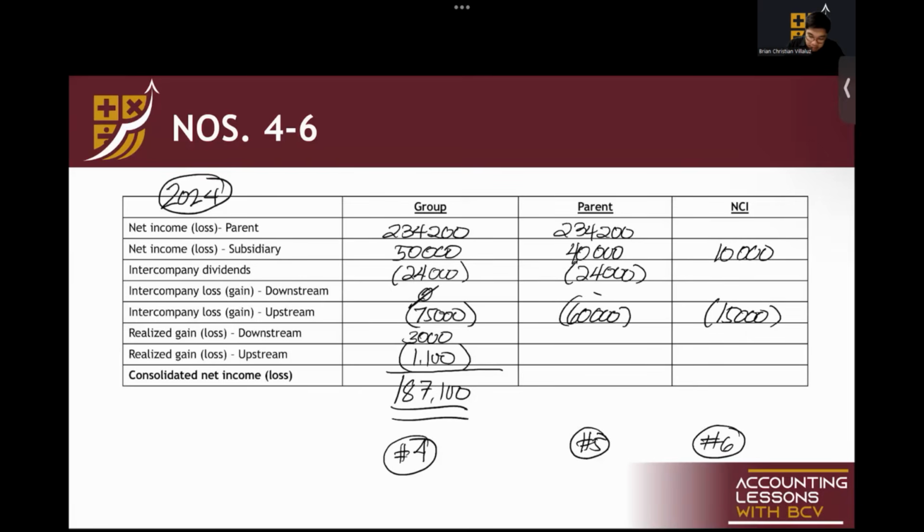Realized gain downstream, parent lang po. And for the realized loss upstream, paghatian na nila, parent at NCI. So, that would be 880. And magkano yung for the NCI? 220. O, sige po. Paki-compute na po ang numbers 5 and 6 natin.